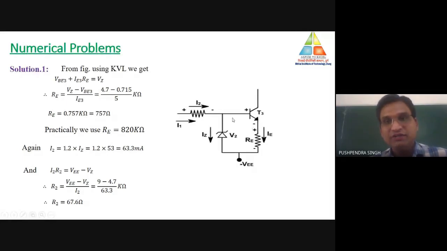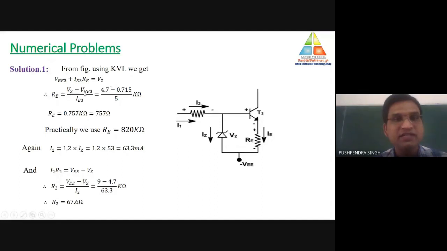So what is the value of this Vz? This particular terminal voltage is Vz, so Vz is nothing but VB3. Already we have the value of VB3. So Vz is VBE3 plus the drop across this emitter terminal resistance. Now from there, what is the value of RE?